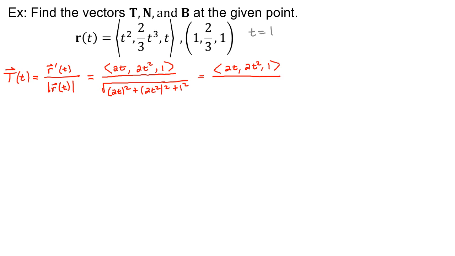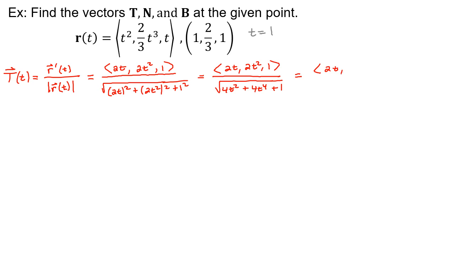And so on the bottom, I'm left with a 4t squared, a 4t to the fourth, and a 1 underneath. Now that actually simplifies because that is a perfect square, which is nice.